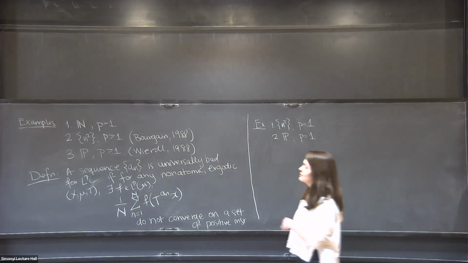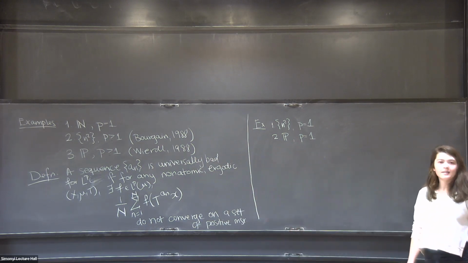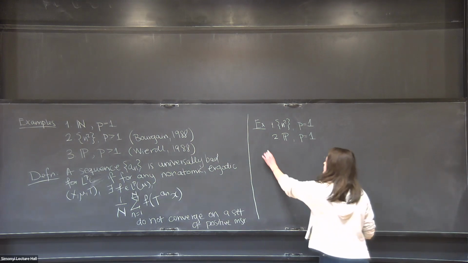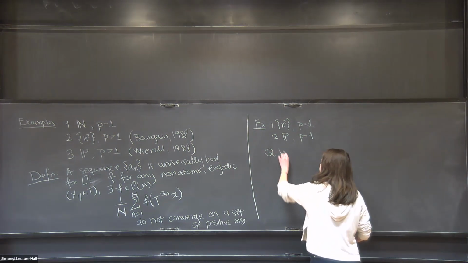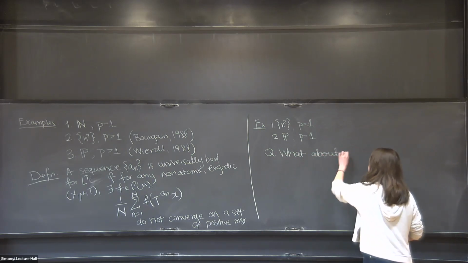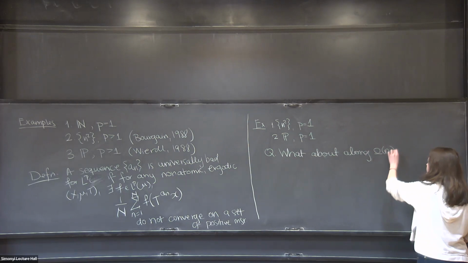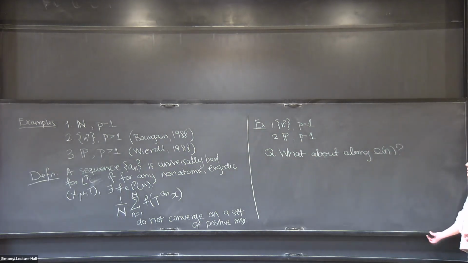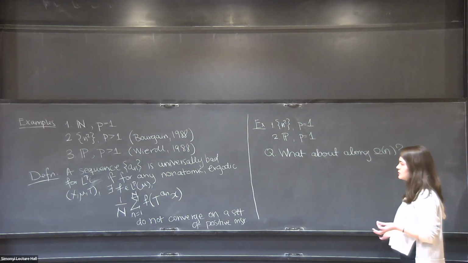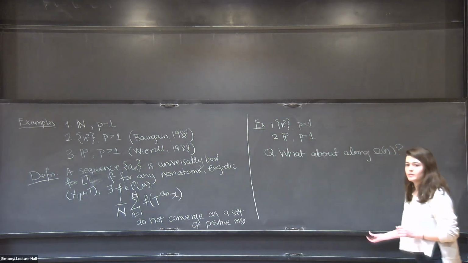And so, as I set up over there, we're going to be looking at the sequence omega n today. The main question is, what about omega n? What can we say about pointwise convergence when these iterates are taken along the sequence omega n?